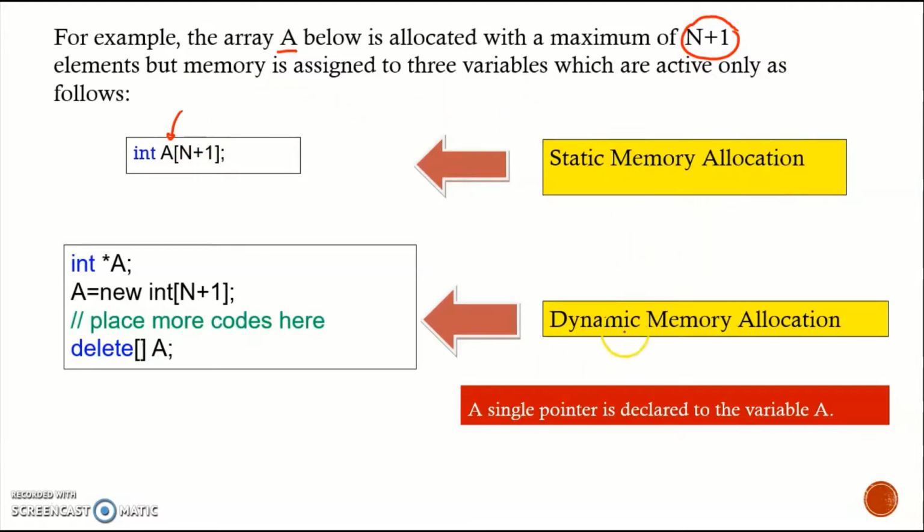Now dynamically, what happens here: we assign a single pointer to the variable A. So we have a pointer here, and then we have A equals new int n+1, and we can put more code here, and then you have delete A. This part here is called dynamic memory allocation. The asterisk symbol here is only one, so this is what we use for a one-dimensional array.